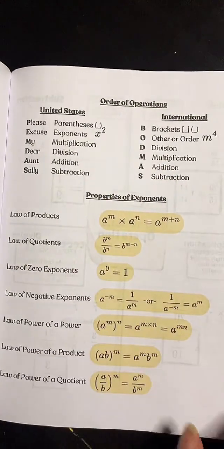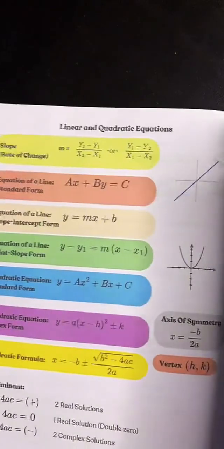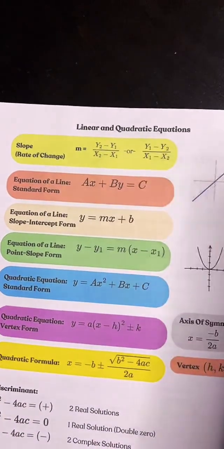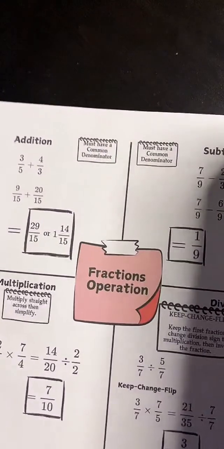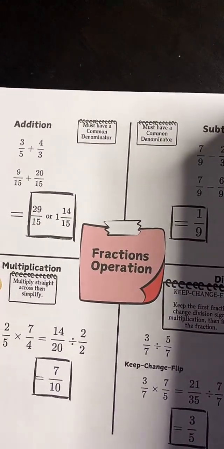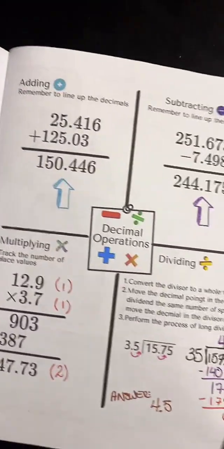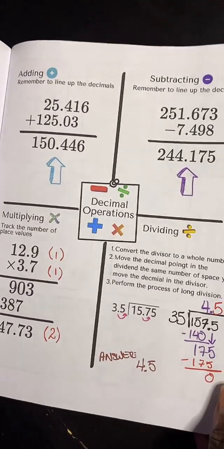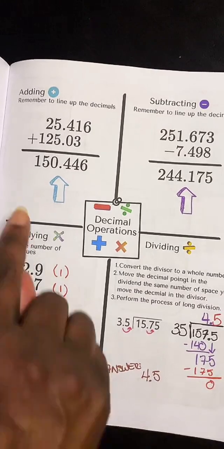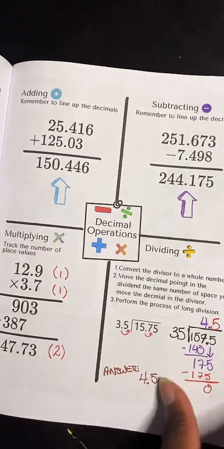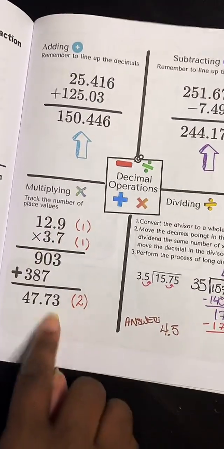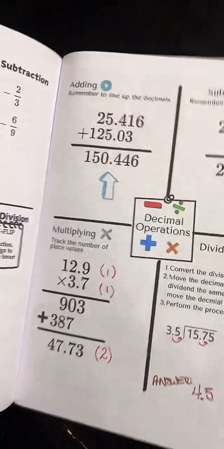Then we have the exponents, linear and quadratic equations. Then we have the fractions operations: how to add, subtract, multiply, and divide fractions. A little reminder as well with the decimal operations: make sure you line it up for addition and subtraction, but you count it up for your multiplication, okay?